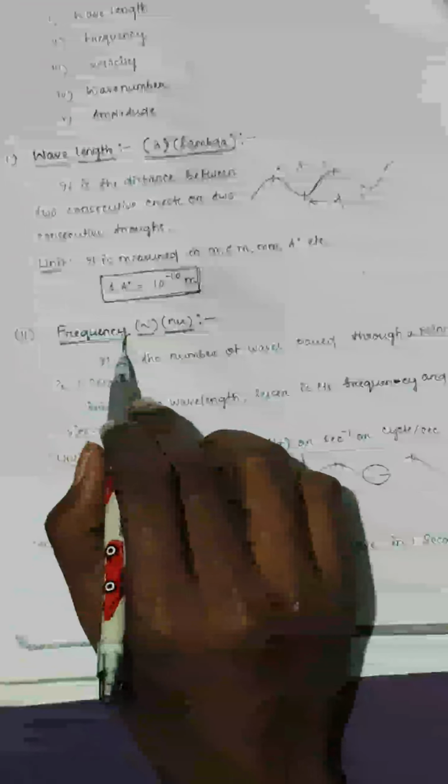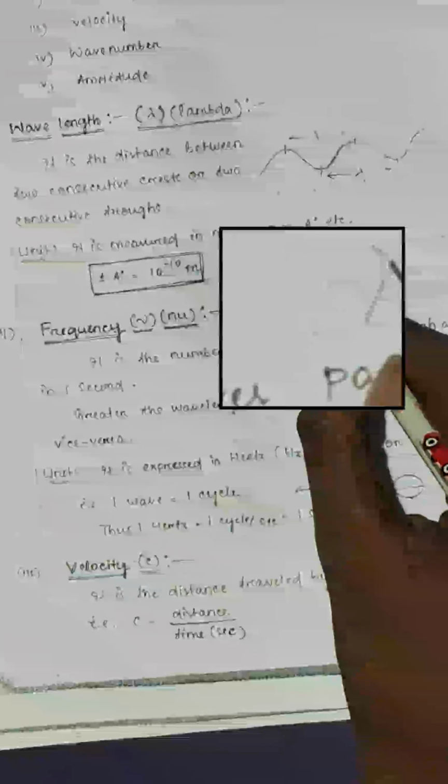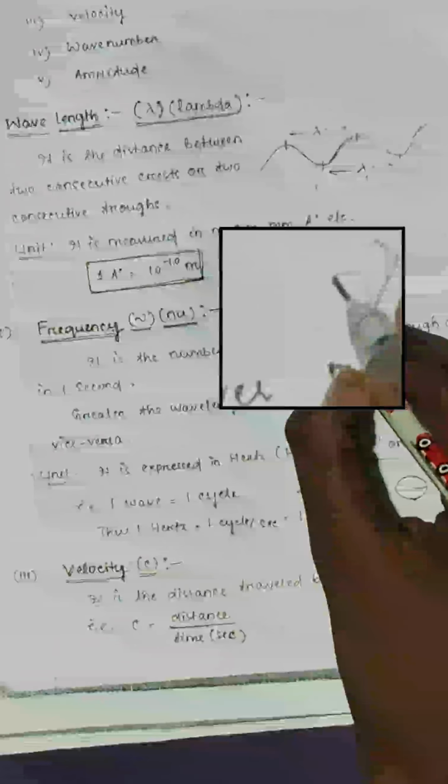So let's move on to the frequency. Frequency is denoted by nu. It is written as a curvy V with its right side curved upwards and left side curved downwards.